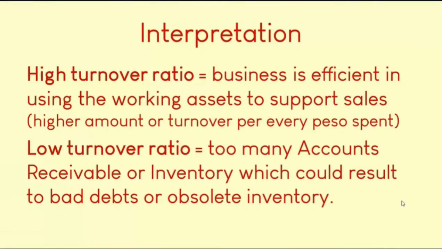If we have higher than 2, in theory, that means we need more assets to support the sales that we have. Because for every value in the working capital, we would incur 2 or more times its value in the sales. So kailangan nating masuportahan yun or we risk having also liquidity problems.